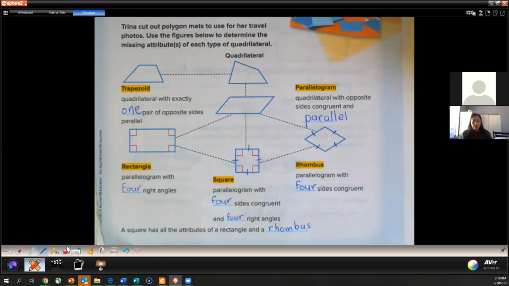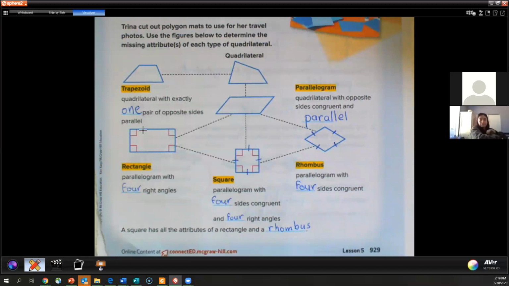And Ms. Garcia, one other thing to add that's important to look at is that this rectangle has opposite sides that are congruent. This side and this side are congruent. And these sides and these sides are also congruent. And it has 2 sets of parallel lines. So it has exactly the same qualities of a parallelogram. Yes.